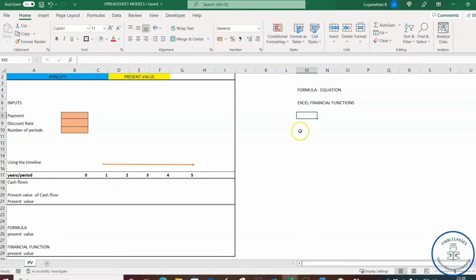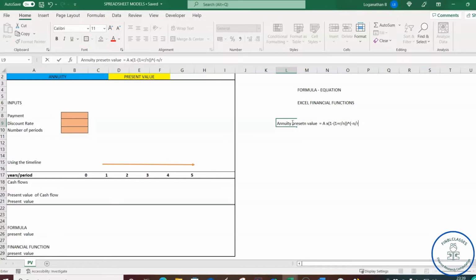So we have to remember the present value formula for the annuity. The annuity present value formula that we know is A, that is the payment, into 1 minus (1 plus R) to the power of minus N, divided by R. Because I'm giving minus, it's a negative value.